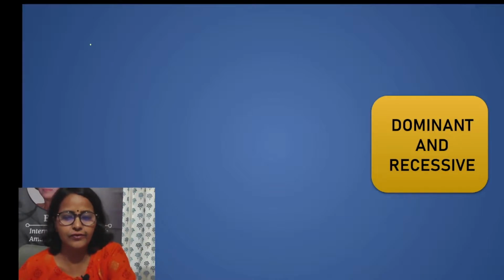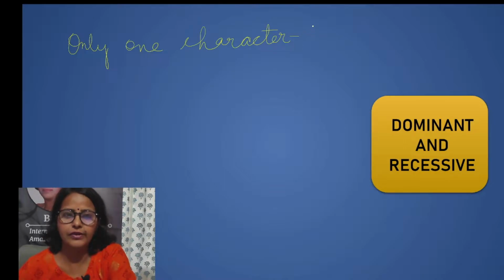Now we will discuss what are dominant and recessive traits. When we consider only one character, do you remember what we call this? If we consider only one character, what is it called?